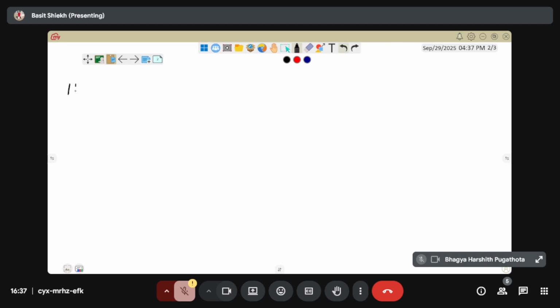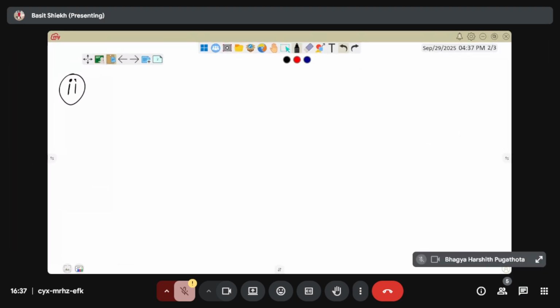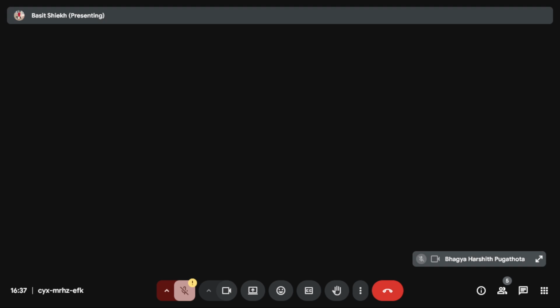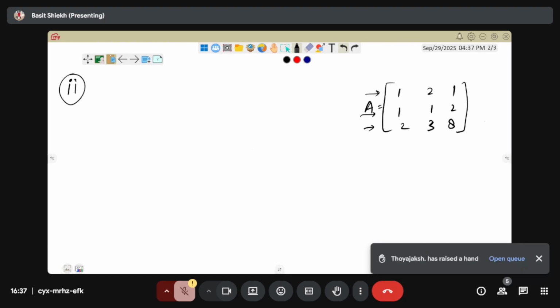Second is multiplication to the elements of any row or column. Let's consider a matrix A: 1 2 1, 1 1 2, 2 3 8. We have row 1, row 2, row 3.